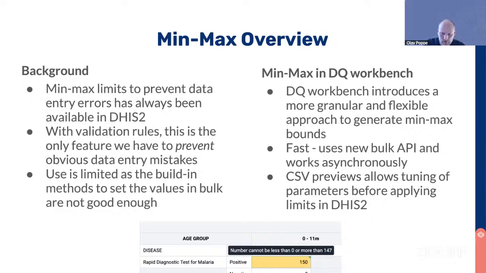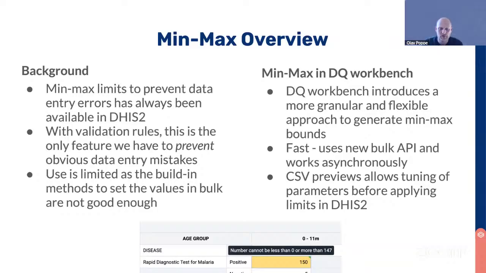The problem has been that setting this up in DHIS can be done in two ways. One is manually, in the data entry app, editing this for every single data element and org unit. These min-max values are actually individual for every single org unit in the system.